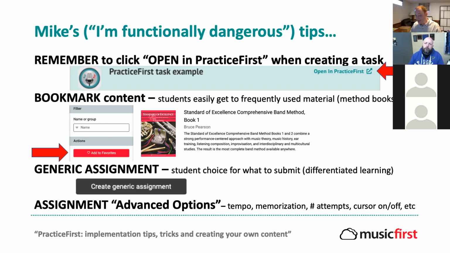They're still going to be assessed on how accurate they are, but they don't get the ability to see the notation files. You can also limit the number of attempts. So if you say, hey, when you do this, you're going to get 3 different attempts, you can submit that. You can turn the cursor on or off. So those are some of the options under that advanced options. Just something to be aware of, that you do have that power and the flexibility, and to find it, it's under the See Advanced Options when you create the task.